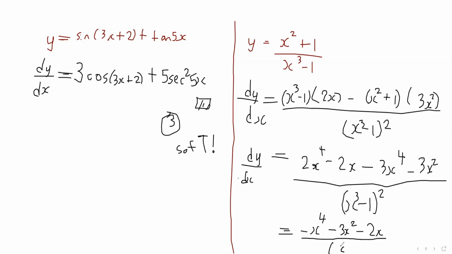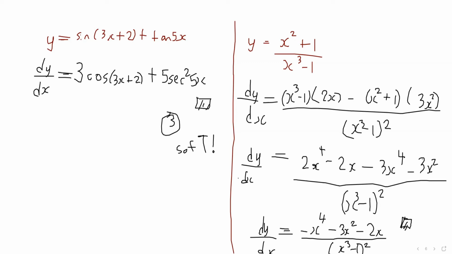Now they didn't tell us how to simplify, they didn't say to factor out the x or anything. So I would leave dy by dx like this. I may have time to factor out x and all of that, but I'm trying to finish the paper and get a distinction, so we don't have time for this. Leave it right there.